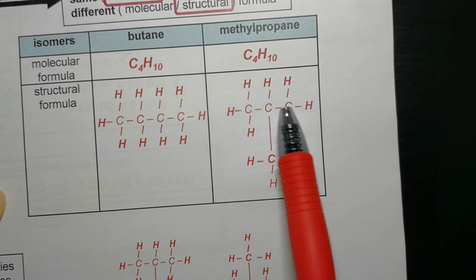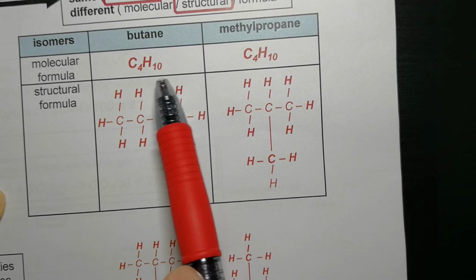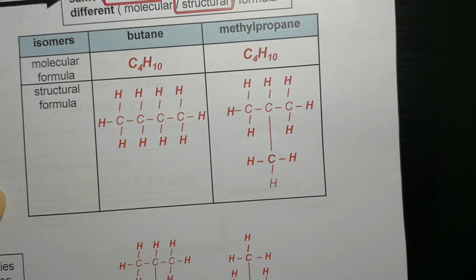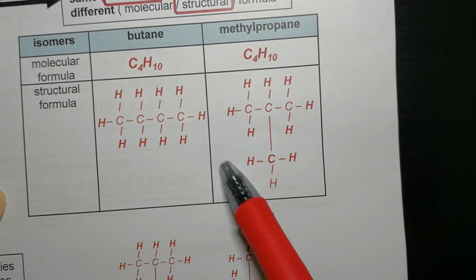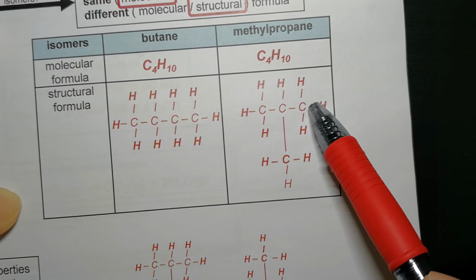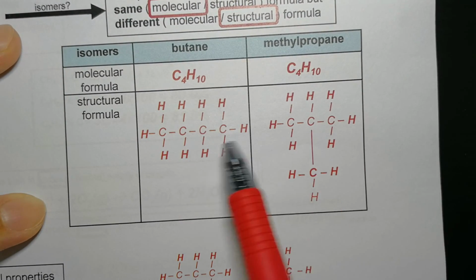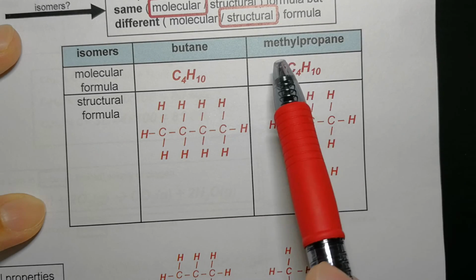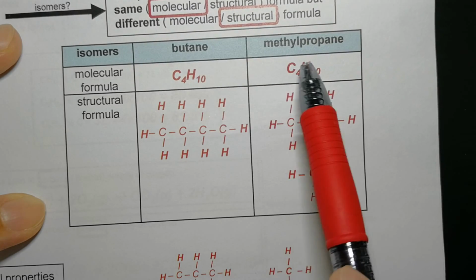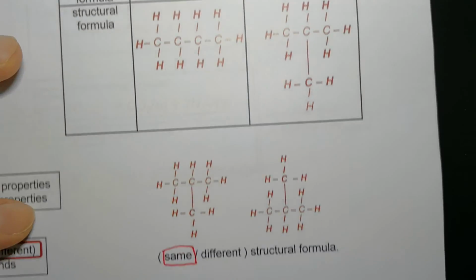If you count the number of carbon atoms and hydrogen atoms, it would be the same, C4H10. So this is another way of drawing butane. If you have the same molecular formula but different structural formulas, these two are isomers.